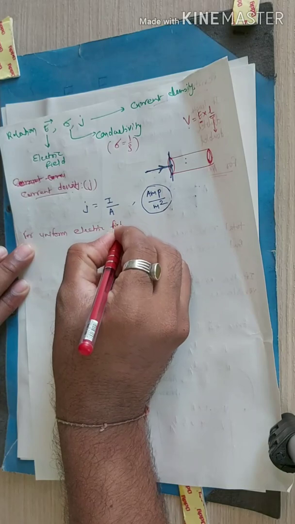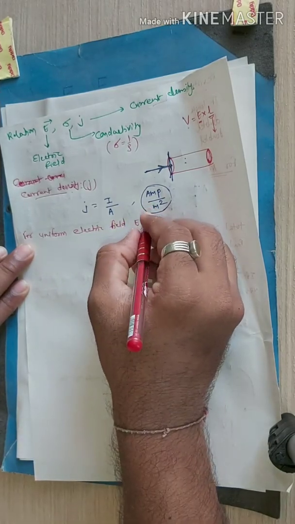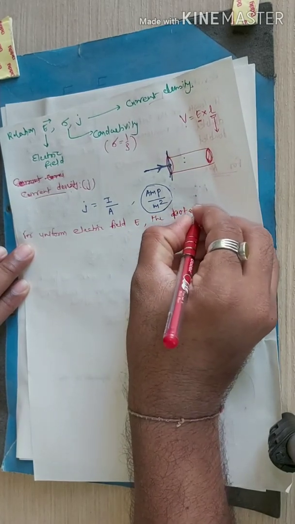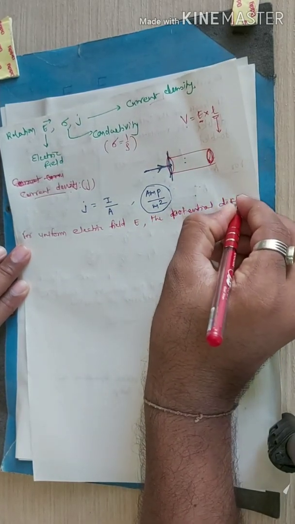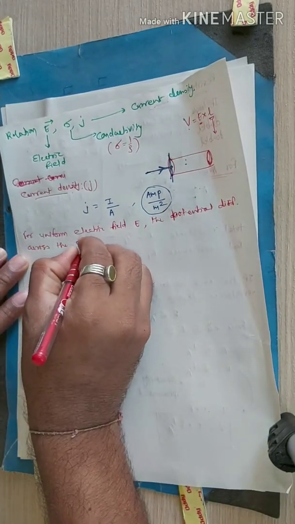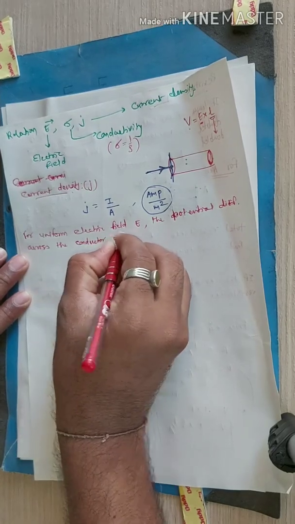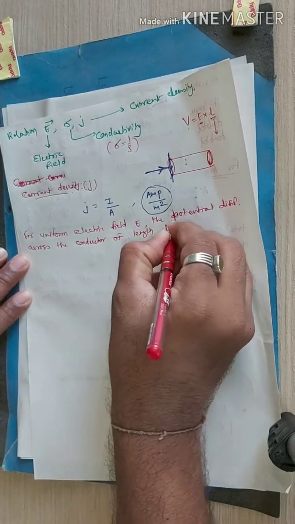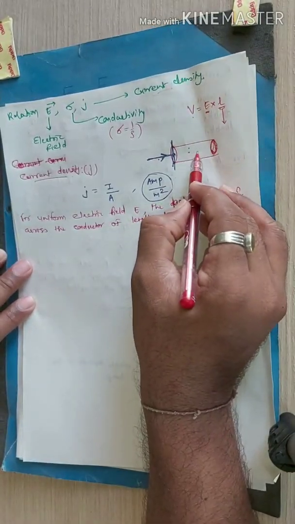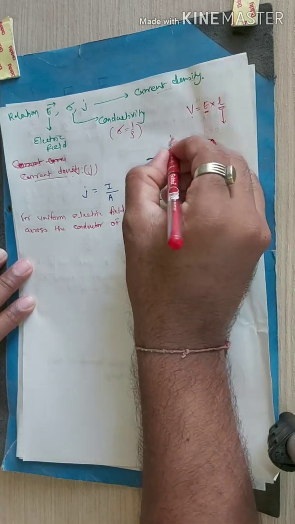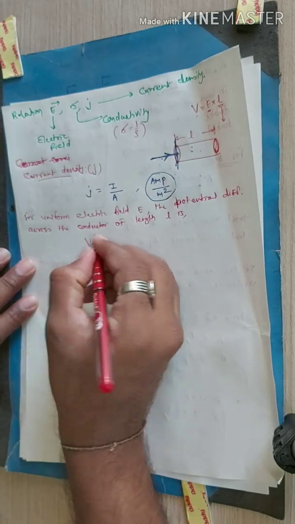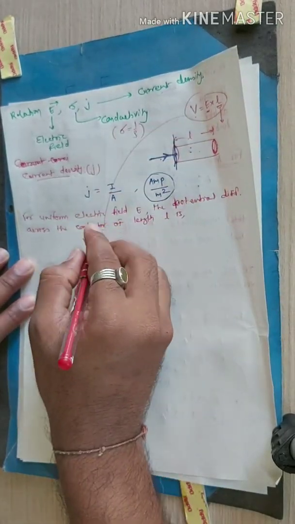So for any uniform electric field E, the potential difference across the conductor of length L is, here this is the length L of the conductor.